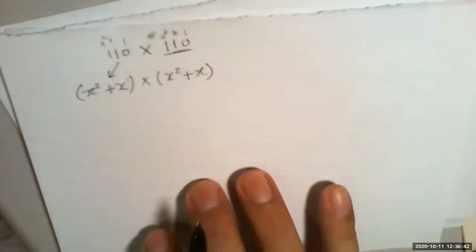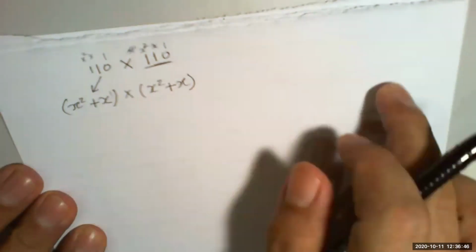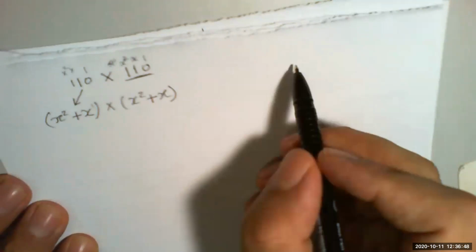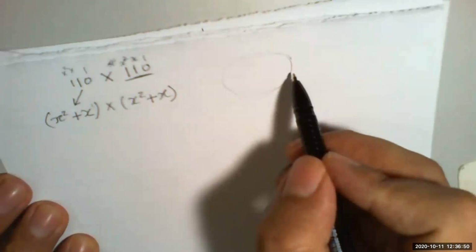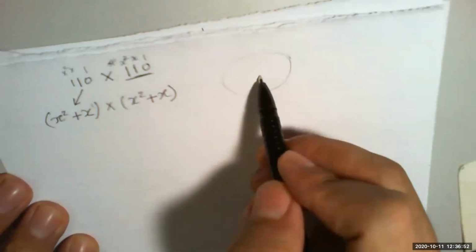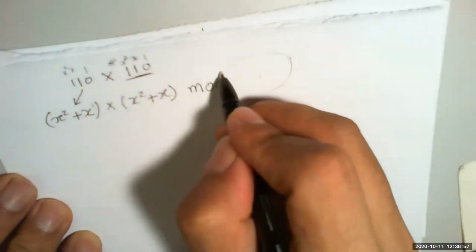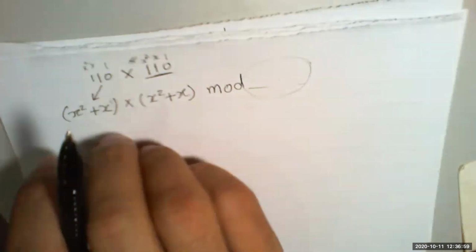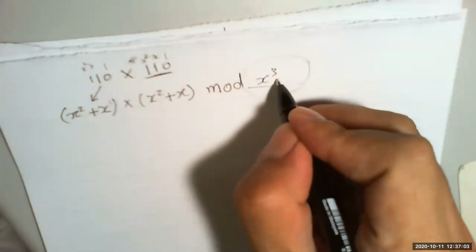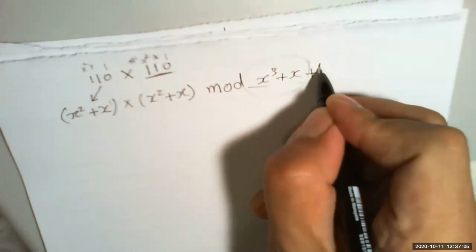But here I want to make it a field. Why do I want to make it a field? Because I want the multiplication not to jump over this circle. I want the multiplication to remain in the same circle. So this is with mod the irreducible polynomial that I told you about, which is x cubed plus x plus 1.